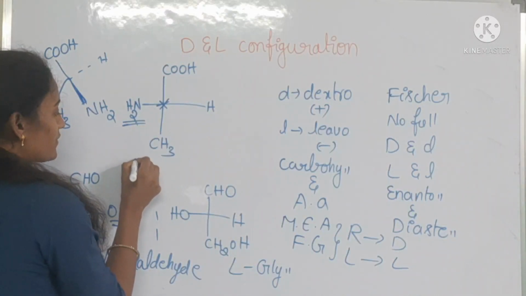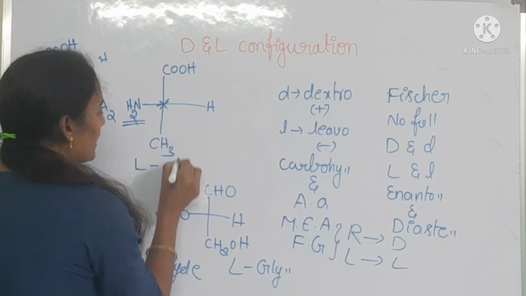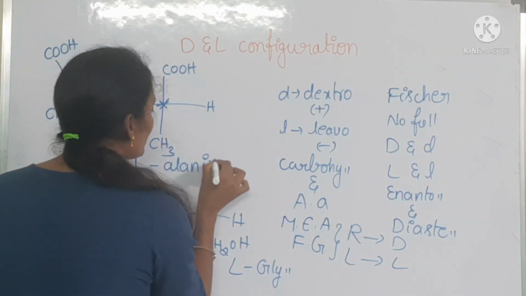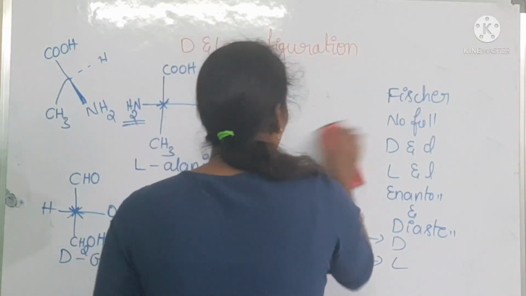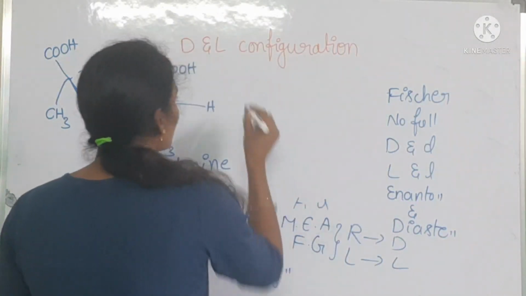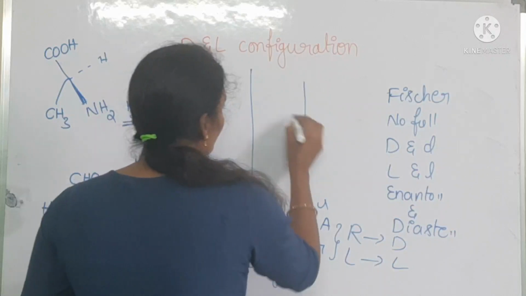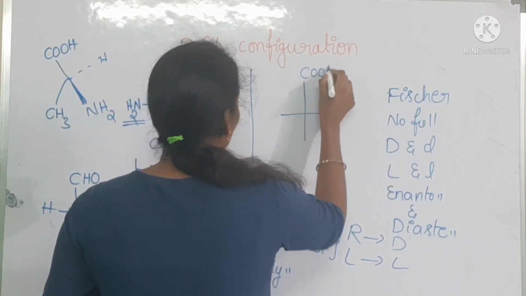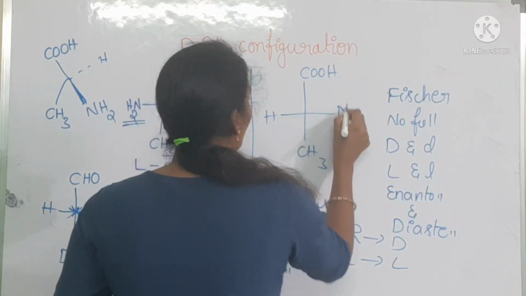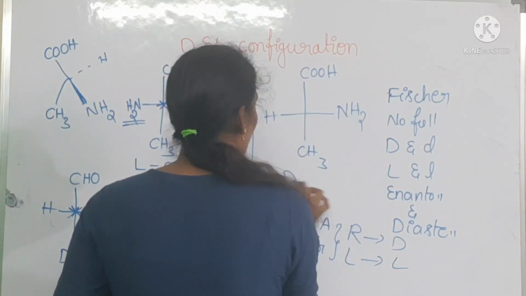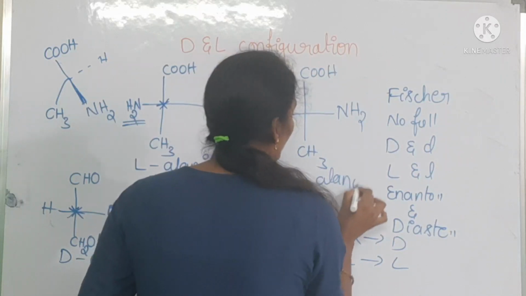NH2 is on the left side, so it is L-alanine. This molecule name is alanine. In the same way, you can take the mirror image of this alanine, you will get D-alanine.